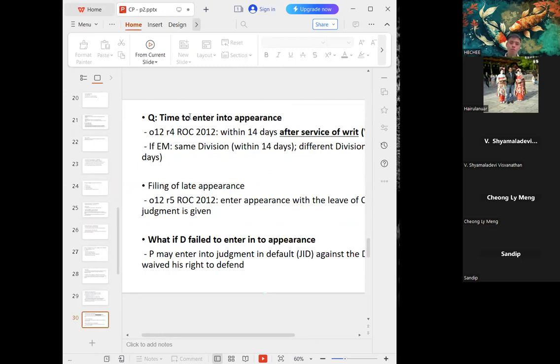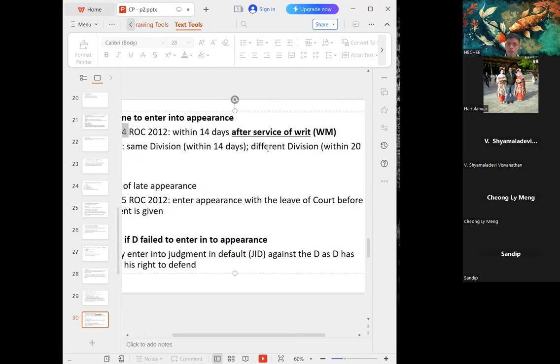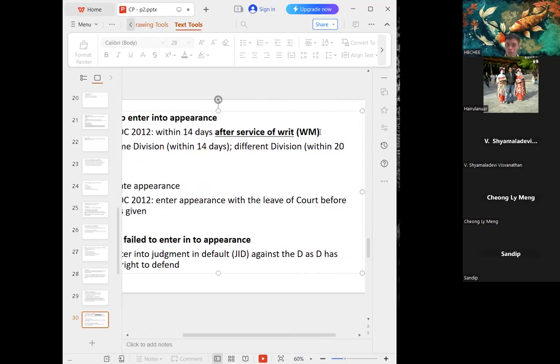How long to enter into appearance is given under Order 12 Rule 4: within 14 days after service of the writ. And this is applicable in West Malaysia only.